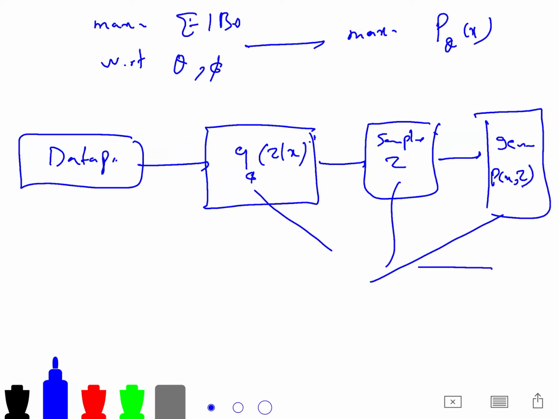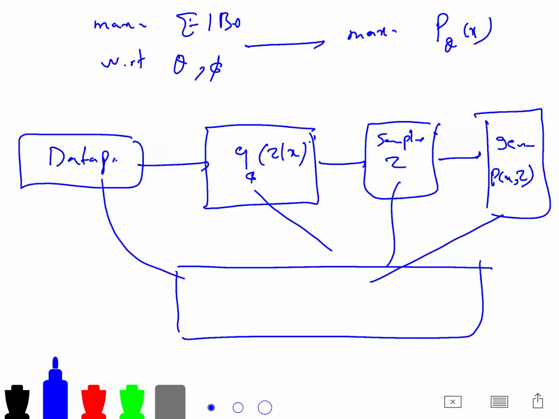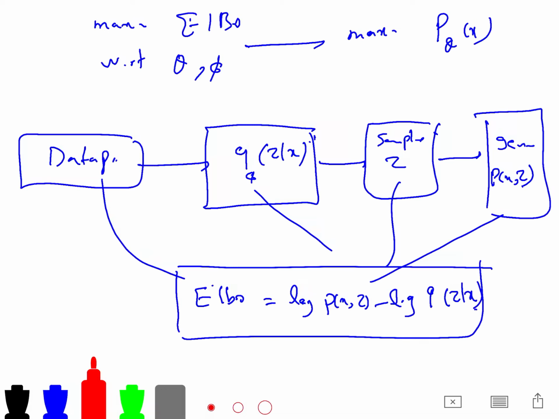And all of these things come to the objective, which is maximizing the elbow of parameters theta and phi, which is the log of p of x and z minus log of q of z given x. So maximizing elbow means that you are maximizing p theta of x.